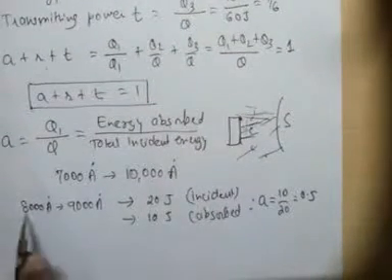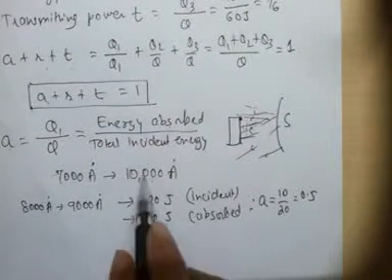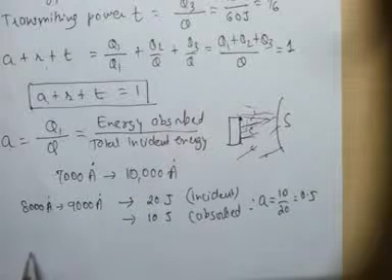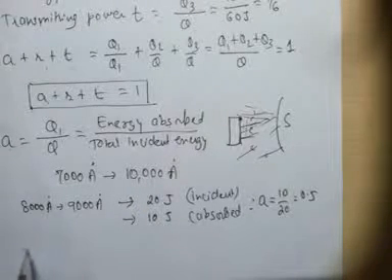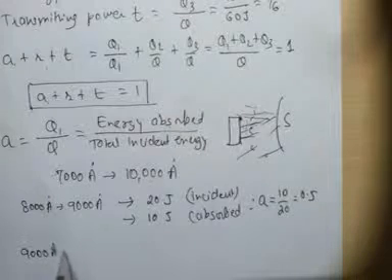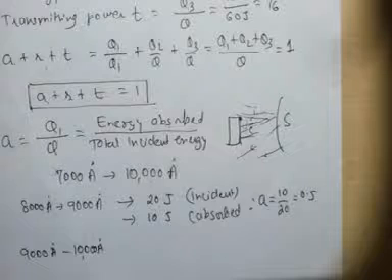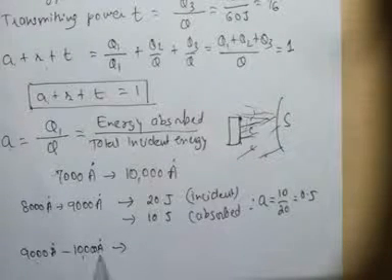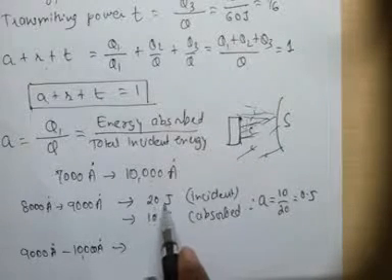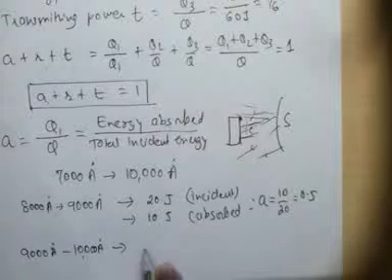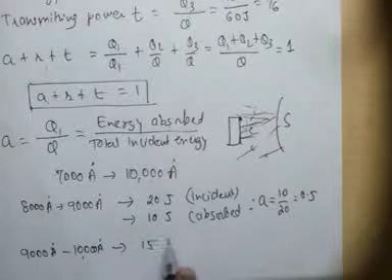Now if I take a different wavelength range, let us say 9,000 angstroms to 10,000 angstroms, this could be something else. It is not necessarily 20 joules, it could be something else. Let us say it is 15 joules.